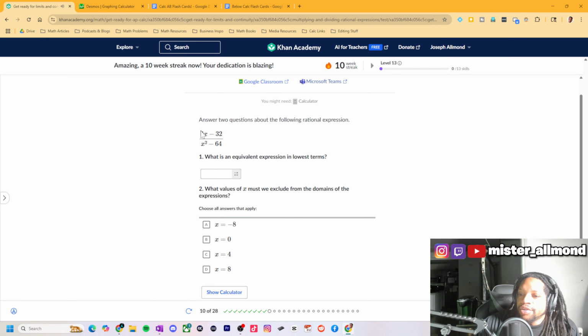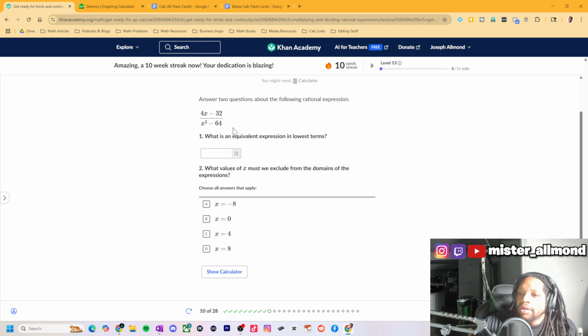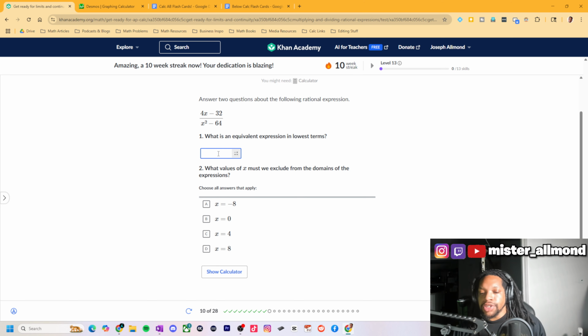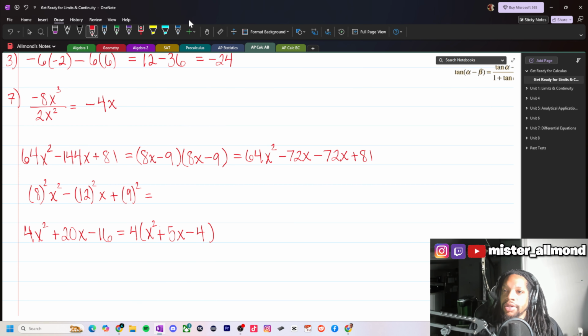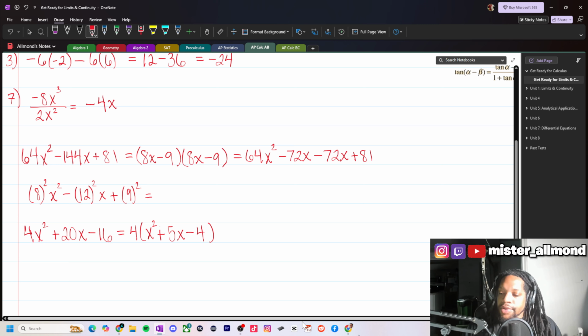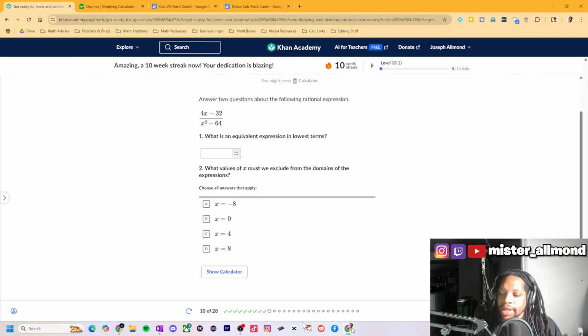All right. This one, it looks like we're dealing with some rational expression. Answer 2 questions about the following rational expression. Okay, what is an equivalent expression in lowest terms? Actually, I'm going to keep testing my memory. That last one was number 9.